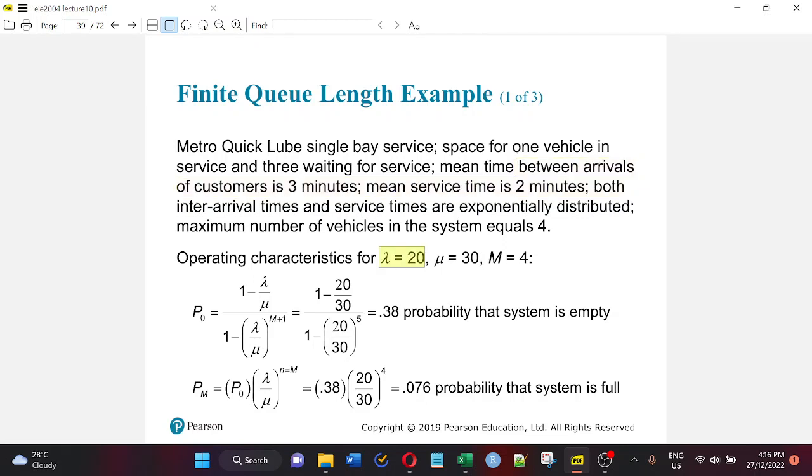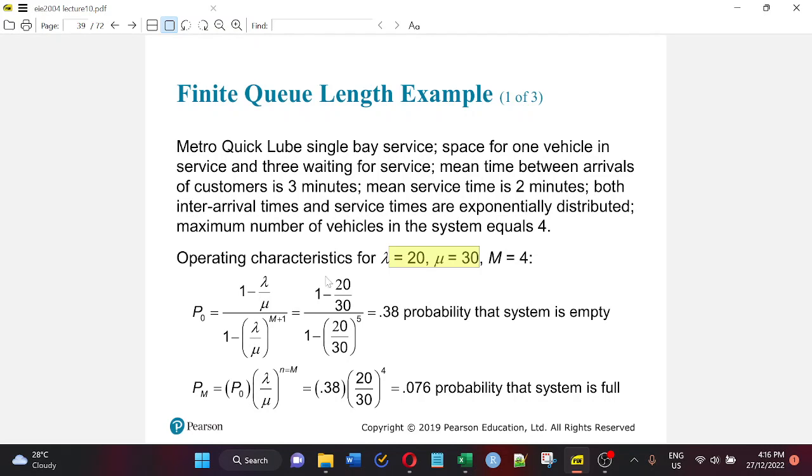Similar to the service time, if each customer is served for 2 minutes, which means that in 1 hour you can serve how many? 60 divided by 2 is 30 customers. So mu here is 30. Be careful with this. If you put 3 here and you put 2 here, then everything else will be wrong.